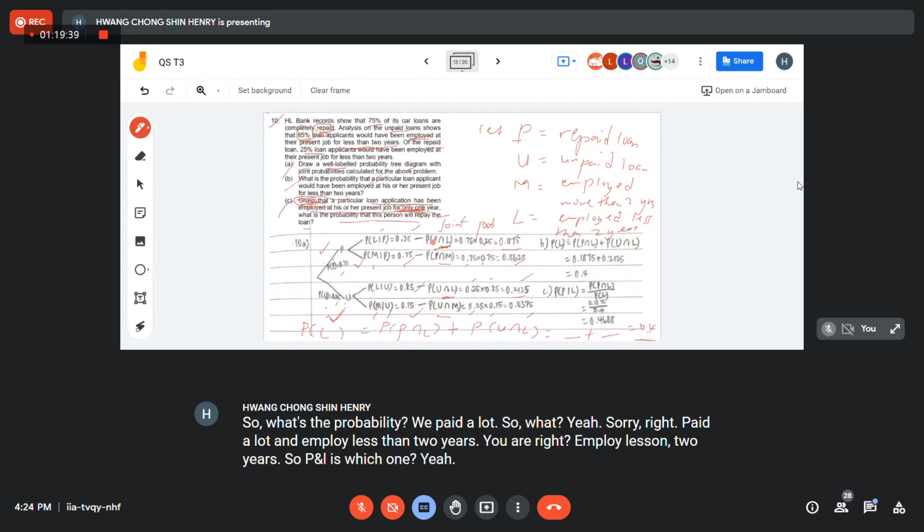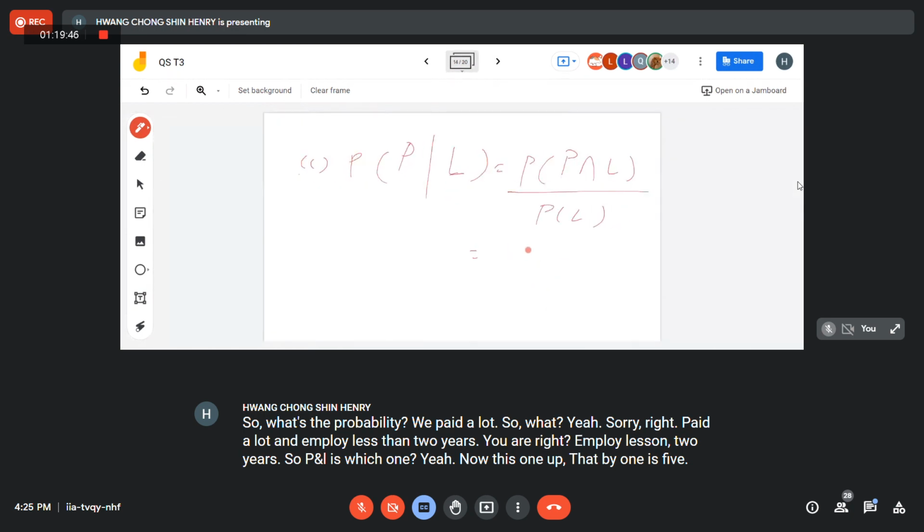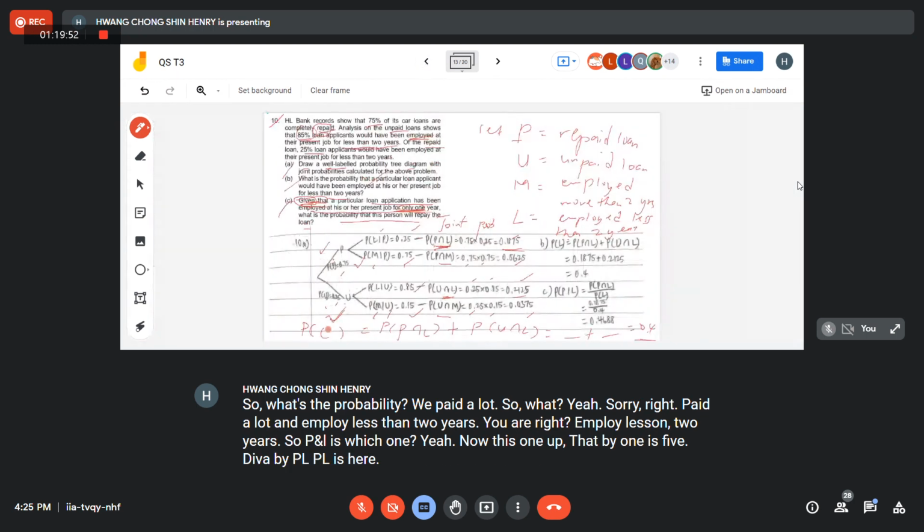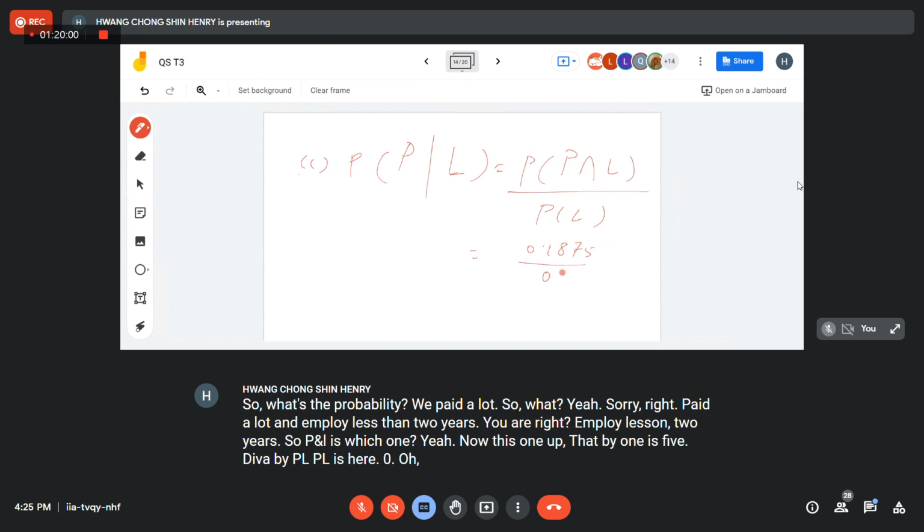P of R and L is this one, 0.1875. Divided by P of L. P of L is here, 0.4.